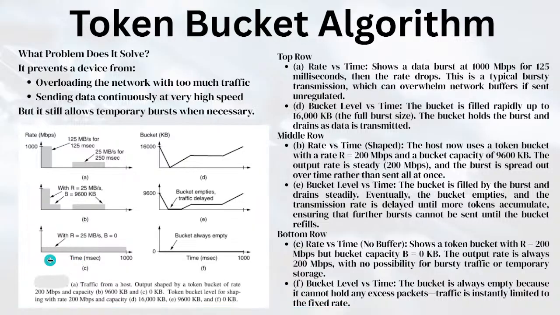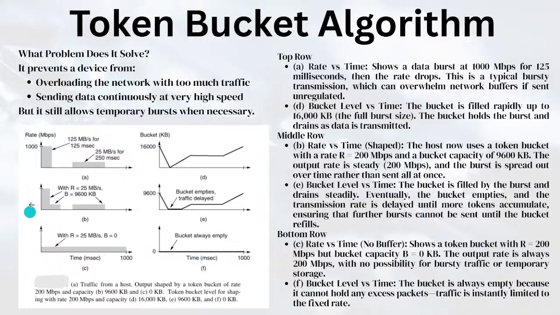The output rate is always 25 Mbps with no provision for bursty traffic or temporary storage. And here the bucket is always empty because it cannot hold any excess packet. Traffic is instantly limited to the fixed rate.